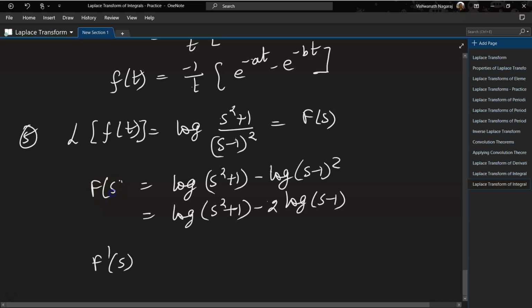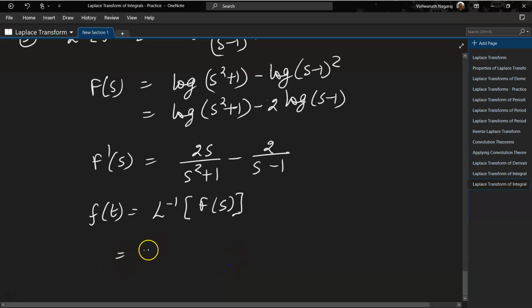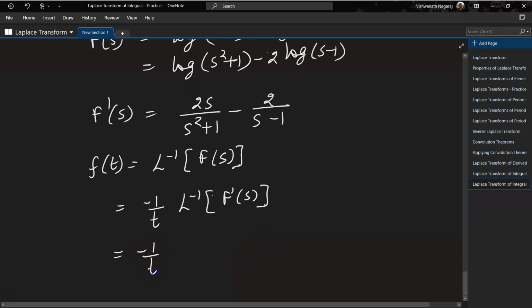Remember, this is F of s. We need to differentiate this. So F prime of s becomes 2s by s square plus 1 minus 2 by s minus 1. So f of t is equal to the Laplace inverse of capital F of s, which is equal to minus 1 by t, based on the theorem, Laplace inverse of F prime of s, which is equal to minus 1 by t Laplace inverse of 2s by s square plus 1 minus 2 by s minus 1.